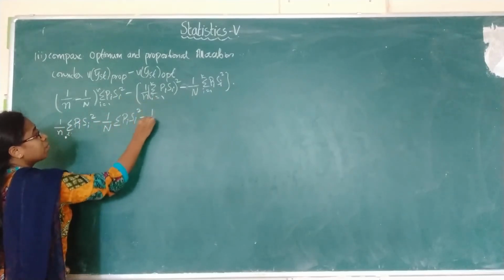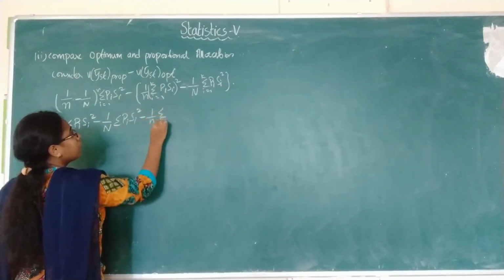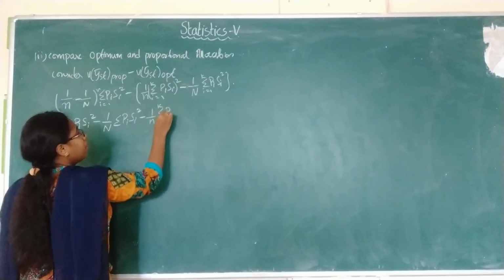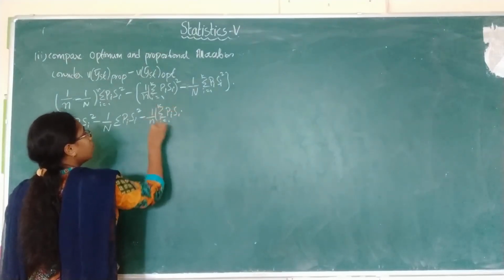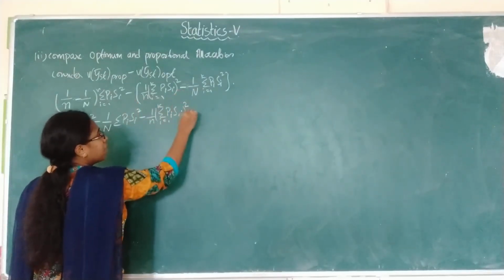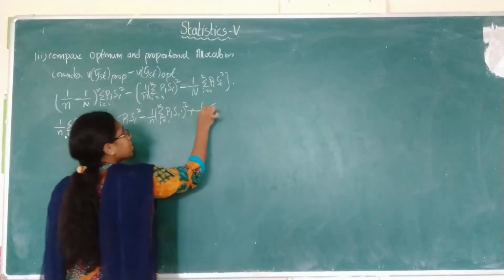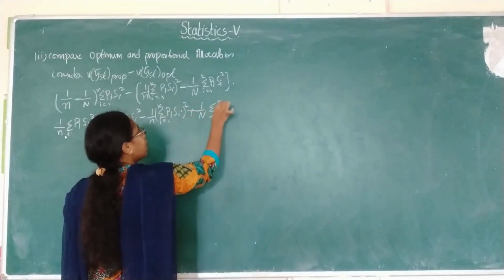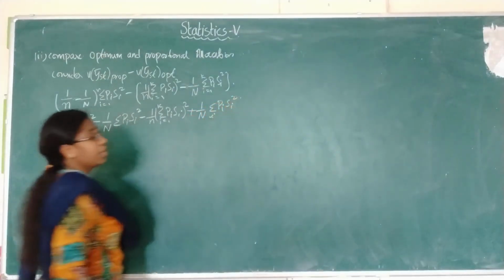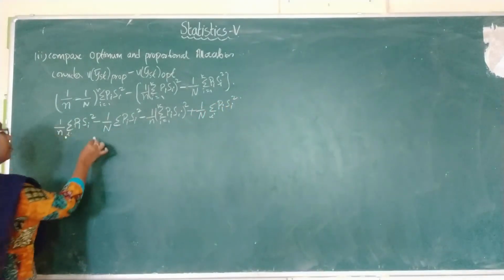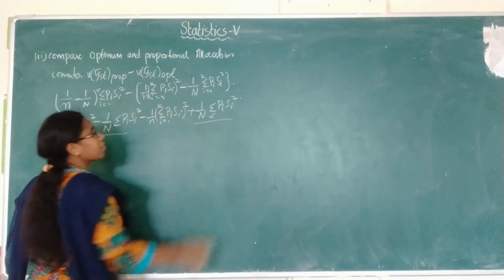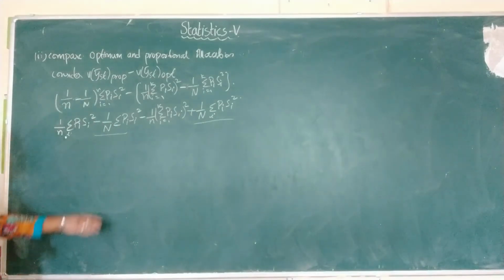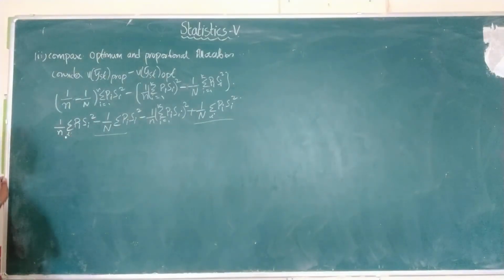Similarly, minus 1 by n summation over i equals 1 to k pi si whole square, minus into minus, plus 1 by n summation over i pi si square. If you observe, these two terms are similar, that is 1 by n summation pi si square and minus 1 by n summation pi si square.